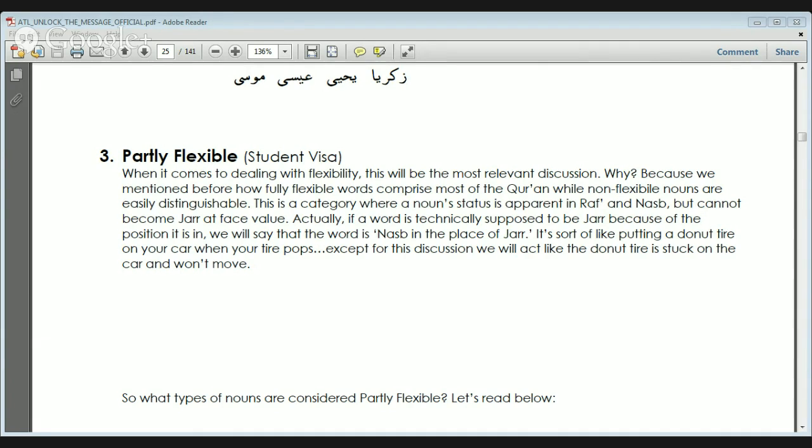So now this will start to make some more sense. There are two types of partly flexible isms.